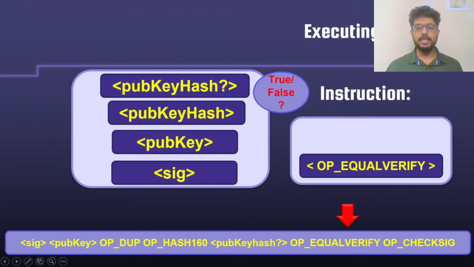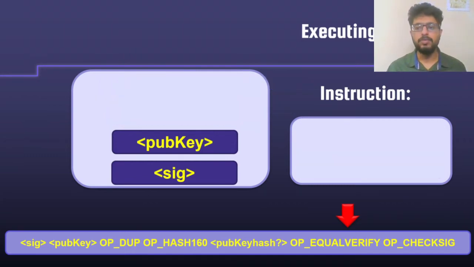So next is the EQUALVERIFY command, which will just check whether the two values at the top of the stack are equal or not, and if they are not equal, an error is thrown and the script will stop executing. So assuming that both public key hashes match, then this instruction will consume those two data items that are at the top of the stack.